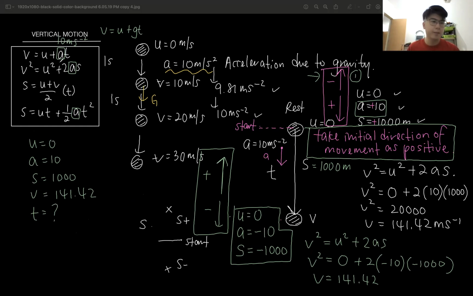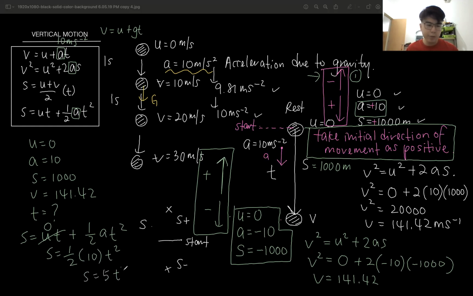UAST. I will use the last one: s equals ut plus half at squared. The initial u is 0, so s equals half at squared, which is half times 10 times t squared. So s equals 5t squared.